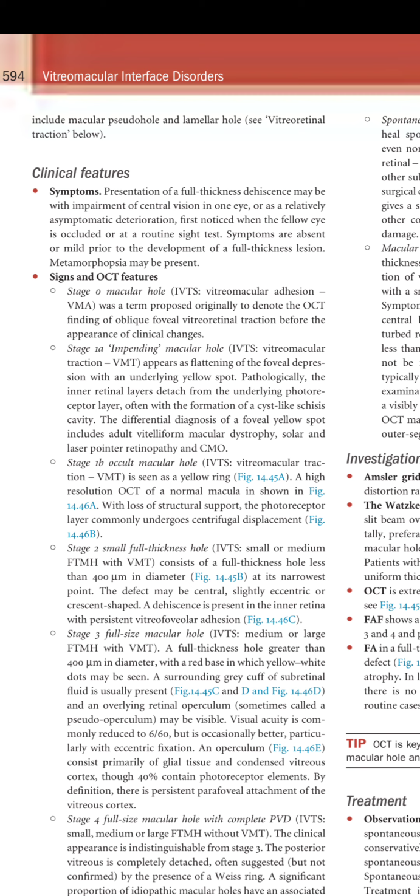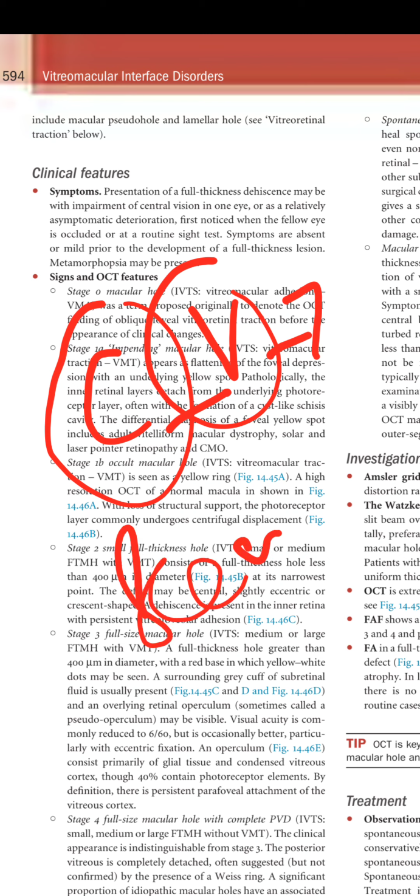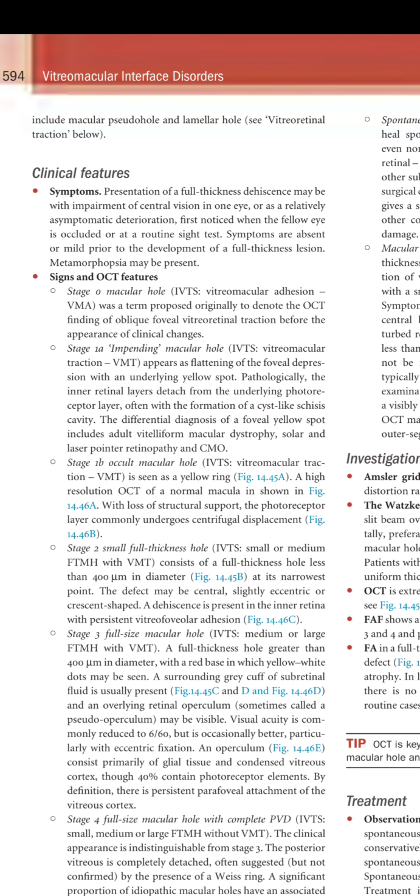So most of the time there is a distortion or impairment in the central vision in one eye, and it can also be seen if the one eye is occluded. You can see that there is a deterioration in the other eye. Symptoms are absent or mild prior to the development of a full thickness lesion. Metamorphopsia may be present, so there can be distortion of the image as well.